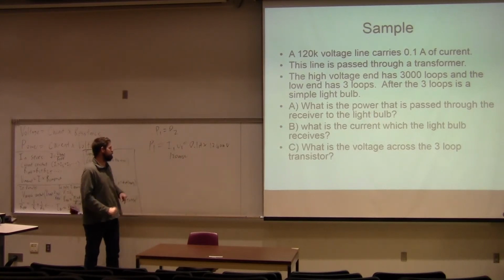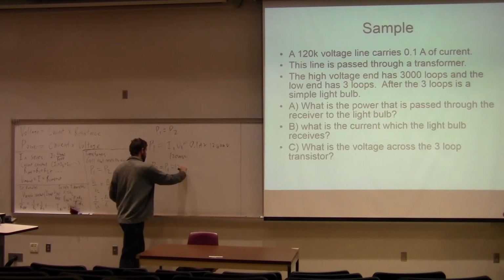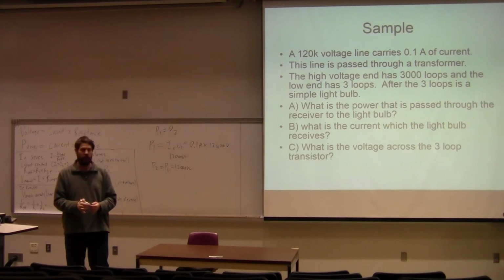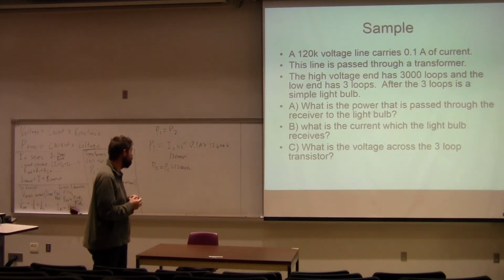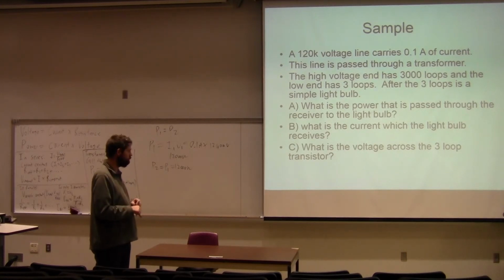Now I can solve for power 2. Power 2 equals power 1 equals 12,000 watts, because once I solve for one side, I've got both sides when it comes to power. All right. Now I'll give you a pause moment to do the other two if you haven't done them because you got stuck on part A.